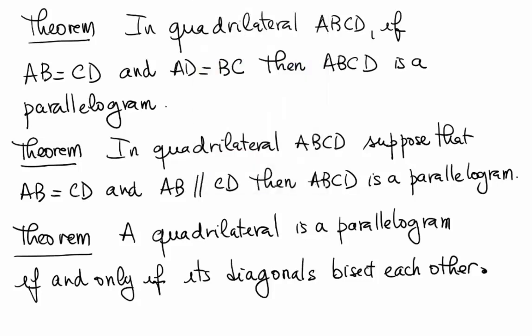So you have a quadrilateral ABCD. All right, and you know that AB is equal to, let's say, CD. This A here, and then B, and then you have C here, and then you have D. Okay, and you also know that AB is parallel to CD.